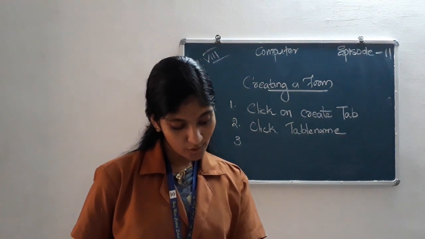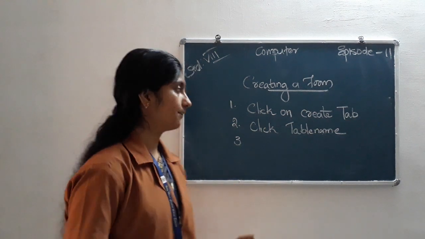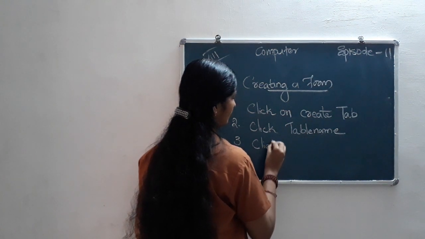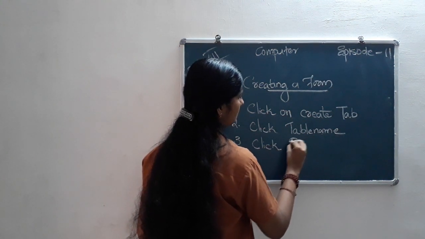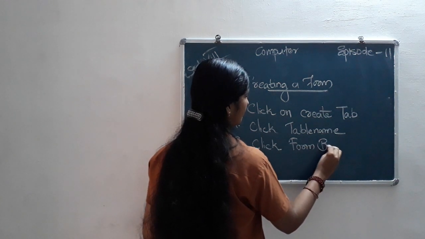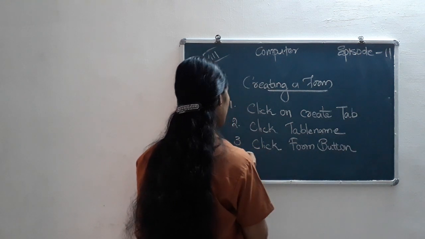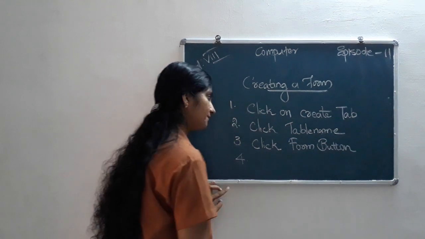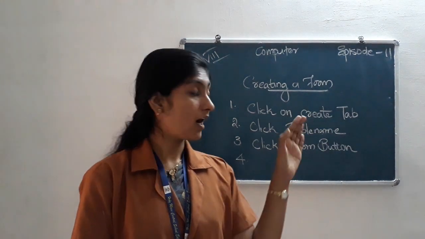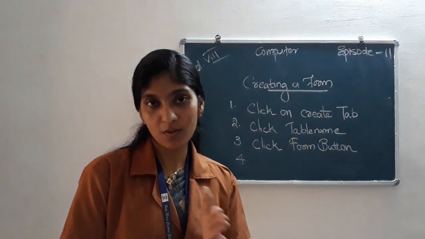Okay. Then third step is, after clicking the desired table name, just click the form button. Which button? Form button. Click the form button. Then fourth step is, after clicking the form button, an entry form will be displayed on the screen.